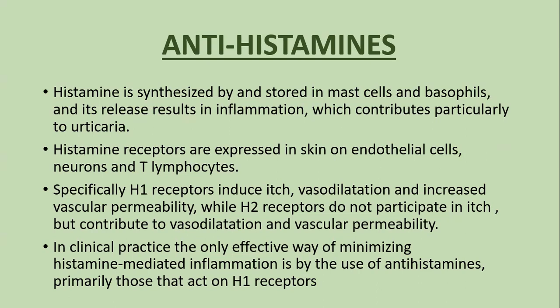Specifically, there are two types of histamine receptors, the H1 receptors and H2 receptors. The H1 receptors, when combined with histamine, produce itch, vasodilatation, and increased vascular permeability, while H2 receptors do not participate in itch, but contribute to vascular dilatation and vascular permeability.